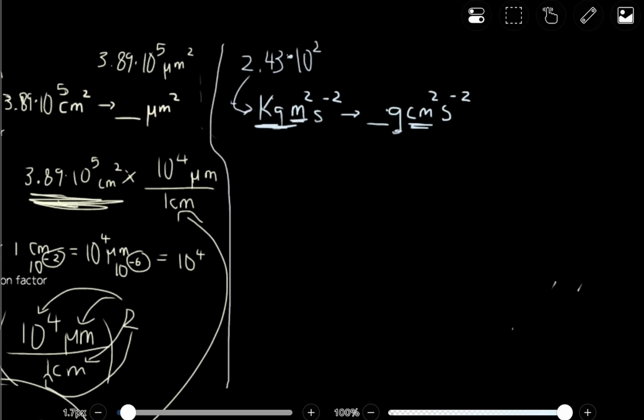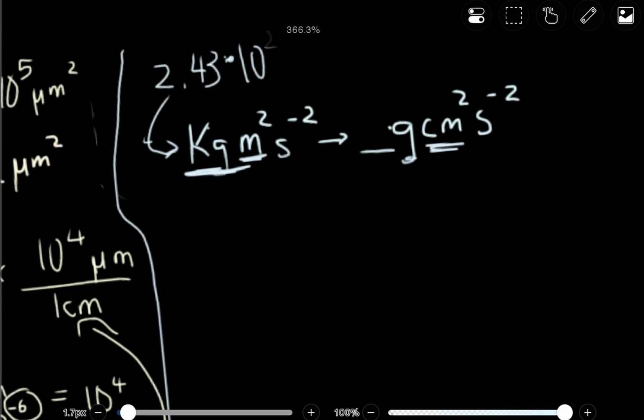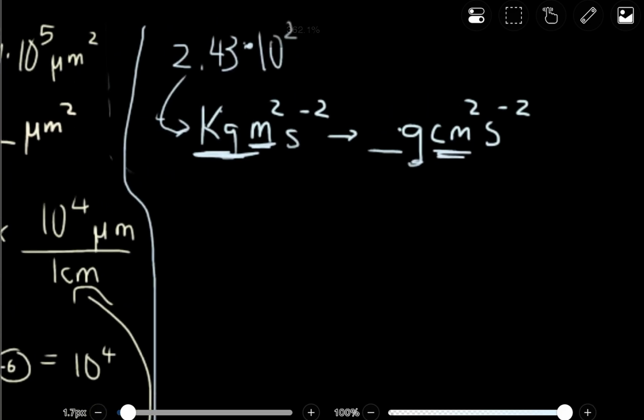All right, I'm going to get started on how to dissect this problem. We have a lot to deal with, but first of all, we see that we have 2.43 times 10 to the power of 2 kg, and we can turn that into grams first.